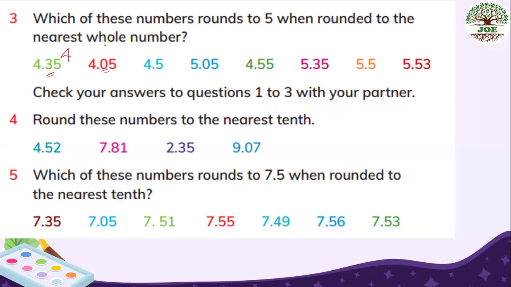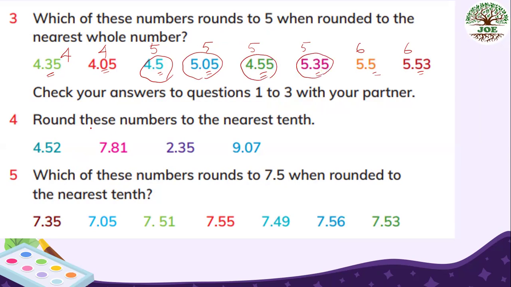This is 0, round down to 4. This is 5, round up to 5. This is 0, round down to 5. 5, round up to 5. 3, round down to 5. 5, round up to 6. 5, round up to 6. So the numbers that round to 5 are 4.5, 5.05, 4.55, 5.35.